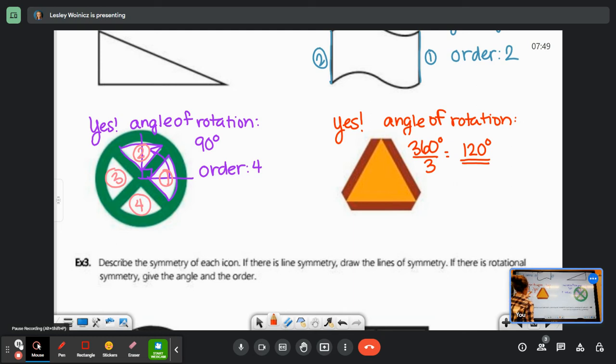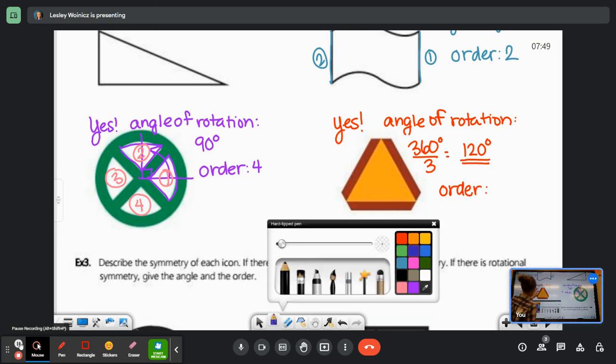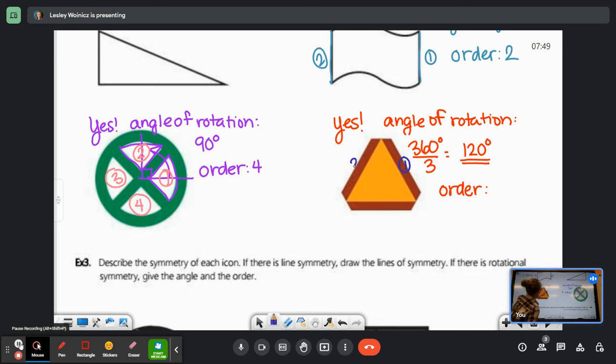Okay, so the order is, you can probably guess, but here's our first position, here's our second position, and here would be our third position for this side. So the order is going to be 3, which incidentally is what we divided by.